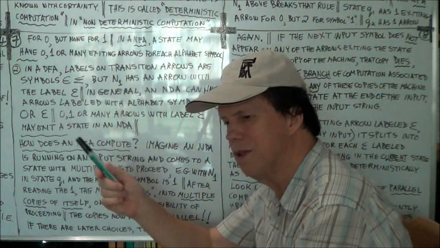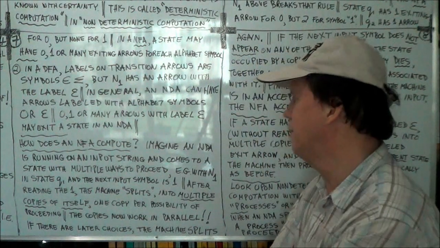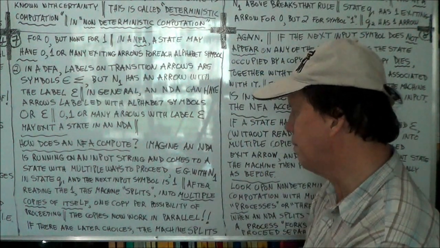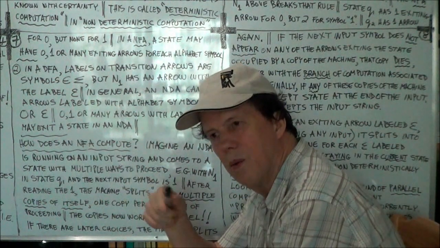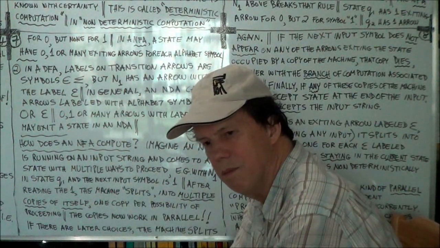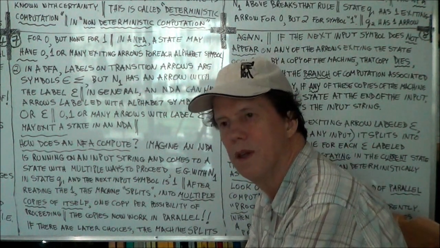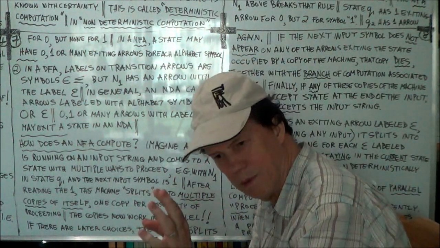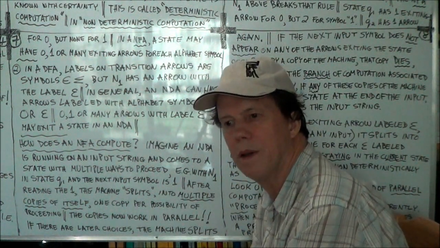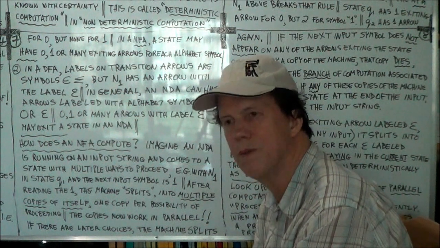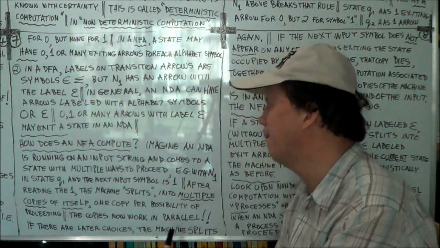Well, it just proceeds in the same kind of way as a DFA until it comes to a state where there are more than one possible exit arrows for the same pair, the given current state and a given input symbol. So when there's more than one possibility, then something weird happens.